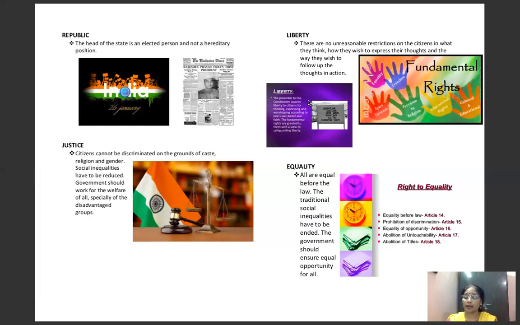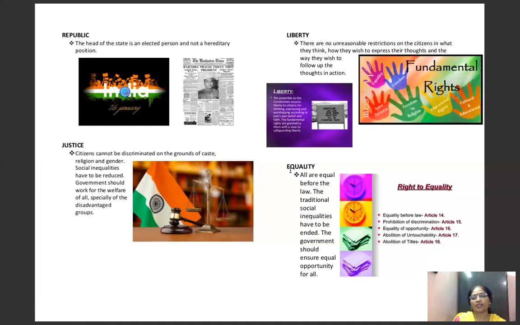Yes, until and unless we have to be a law-abiding citizen, but then we have got freedom of speech. There are so many, we know about our fundamental rights. This is a very, very special right which has been given to us by our constitution. Okay, and we need to respect these rights.